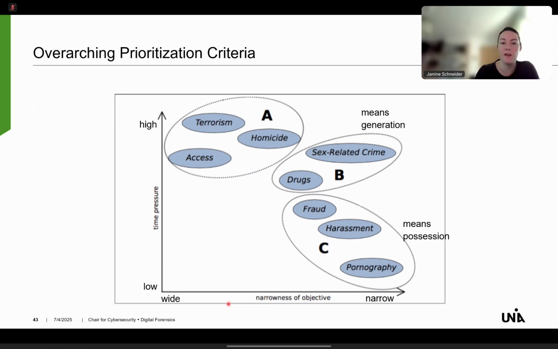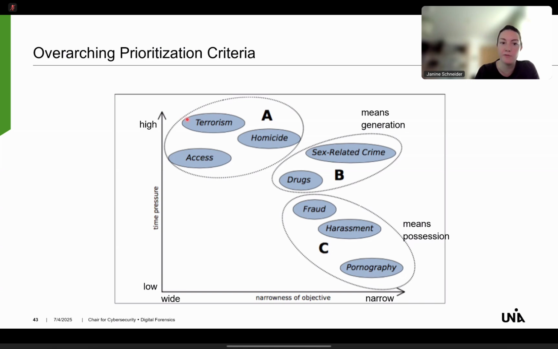So when we have a very wide objective, then we are in this area of that axis. If we have a very narrow objective, then we are here. If the time pressure is low, then we are here. If the time pressure is high, then we are here. And now we have different types of crimes or situations in which different things are important.